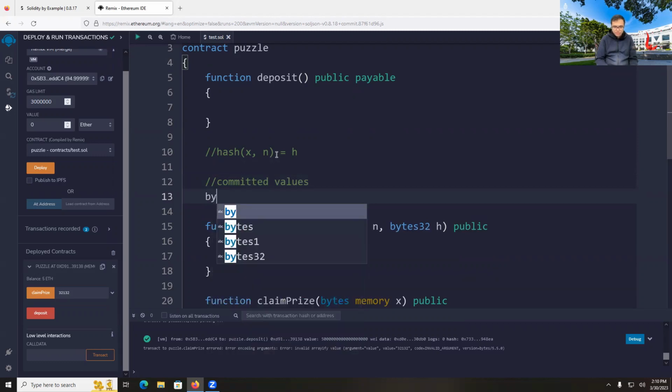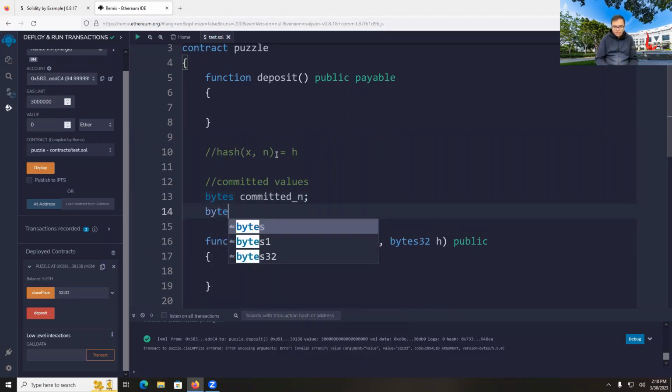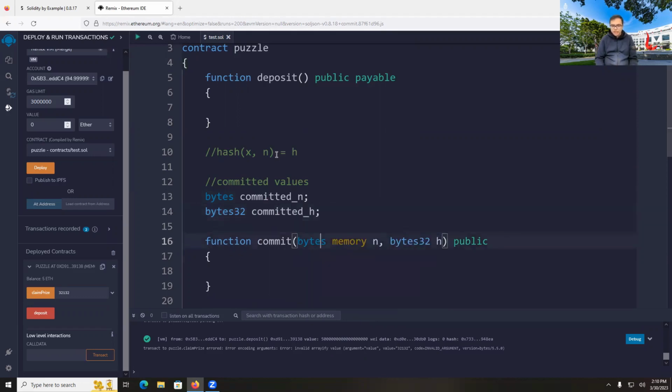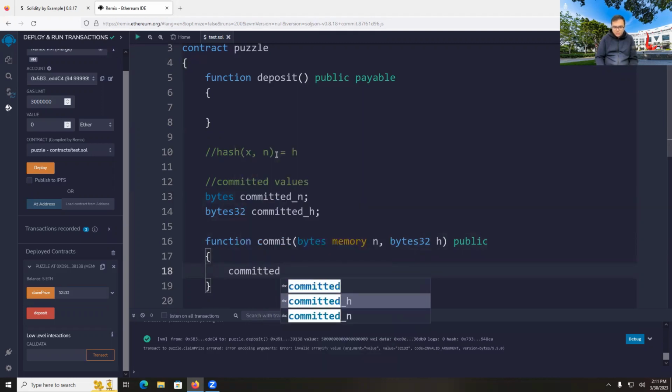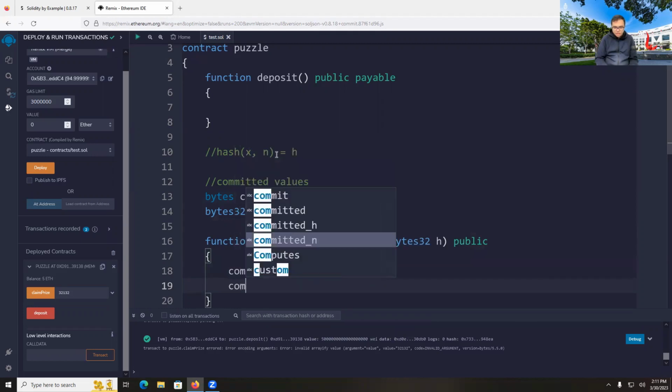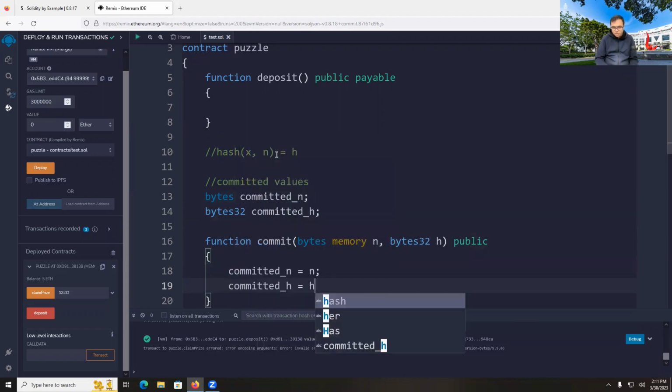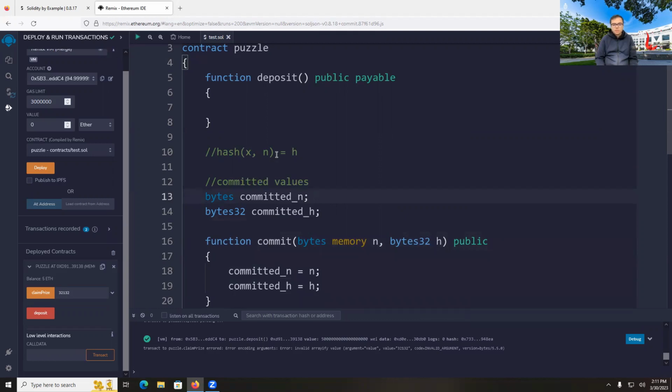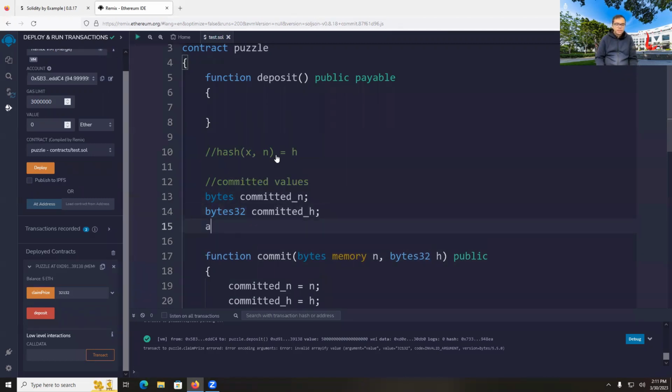So I'm going to have some value of n, or I'm going to call it committed n, and I'm going to have a committed hash. And when someone calls this function commit, the only thing that happens is that I set these values. So I say committed n becomes n, and committed h becomes h. And I have to also keep track of who made the commitment. So I create an address.